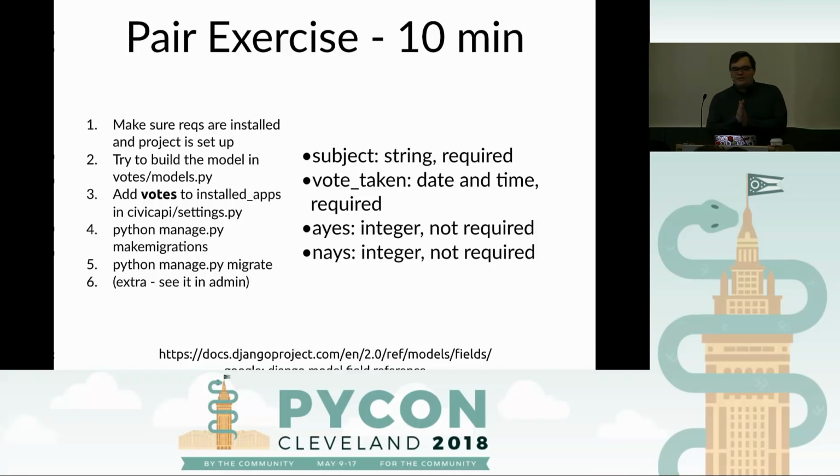We'll probably stop at about 9:50 for this section. You should have your project, your votes app, in your models.py. You're going to have a vote model. You're going to add votes to installed apps in Civic API settings.py. You're going to make migrations, and then you're going to migrate it.